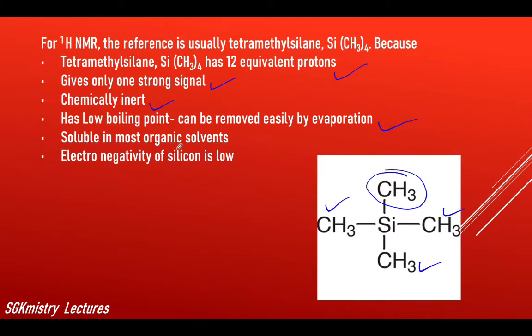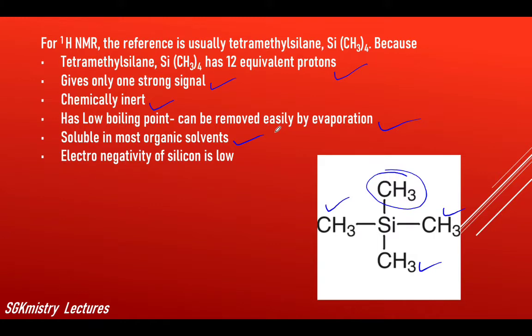It is also soluble in most of the organic solvents. Whenever we are recording the NMR spectrum, we usually use different solvents. That is, we dissolve the compound under study in different solvents like chloroform, deuterated DMSO and so on.